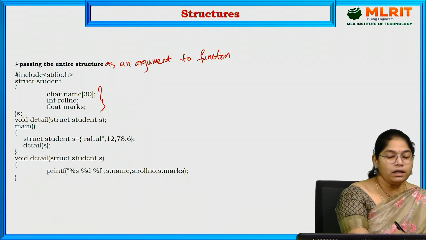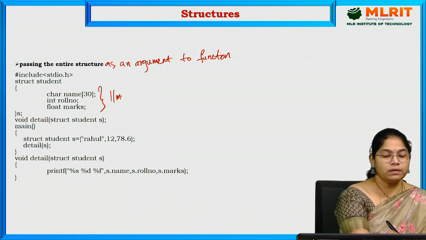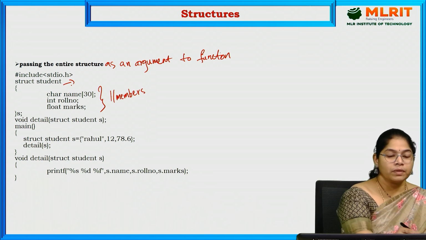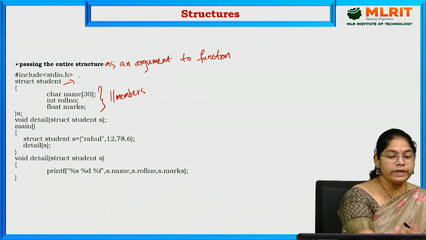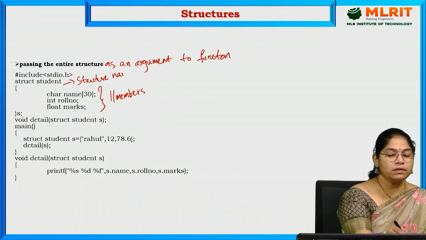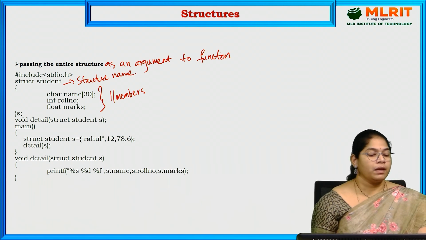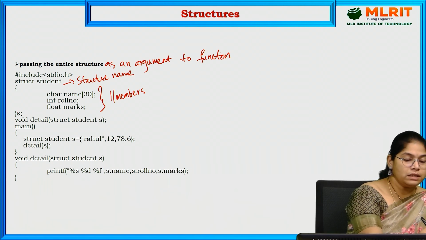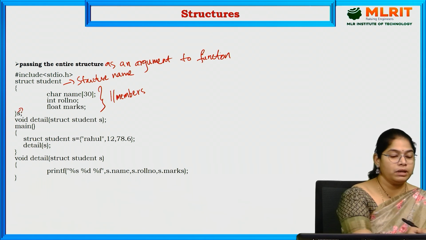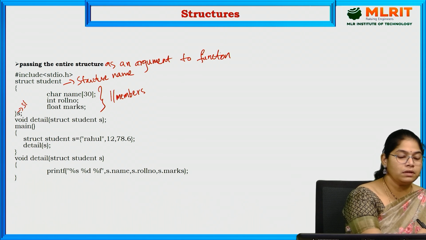These are the members of the structure, and this is the structure name, or we can say structure tag. Student is the structure name. Then here s is the structure variable. This is the variable of the structure.